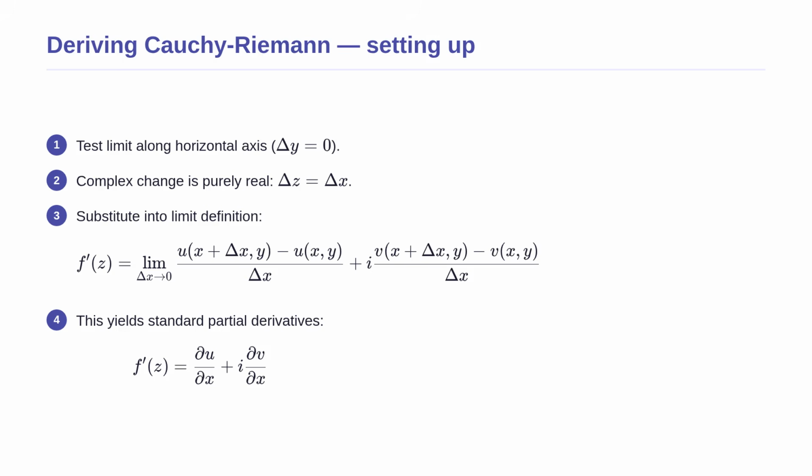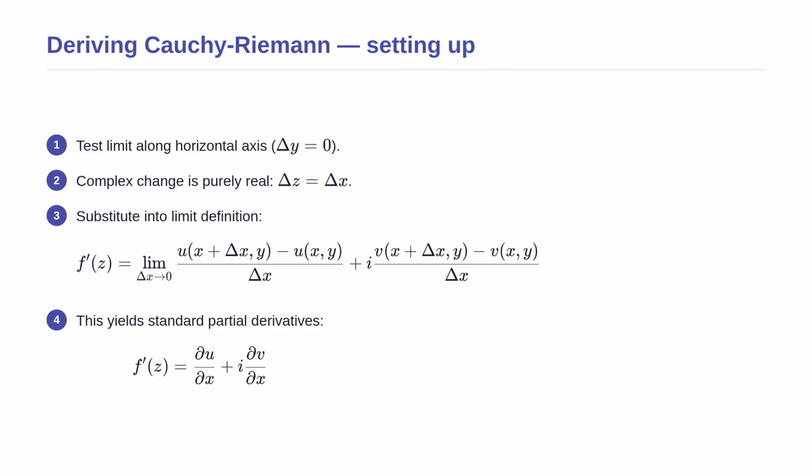Now that we have successfully used the Cauchy-Riemann equations, let us understand exactly where they come from by deriving them step by step. We start by testing the derivative limit by approaching the point purely along the horizontal axis. Here, we only change the real part by a tiny amount, delta x, keeping the imaginary part completely unchanged, so delta y is 0.